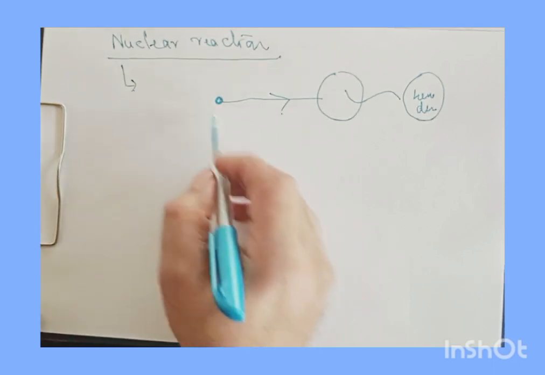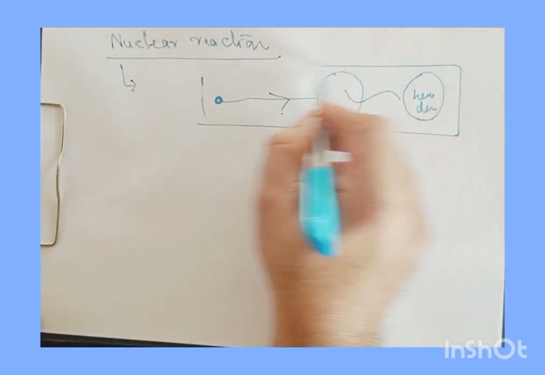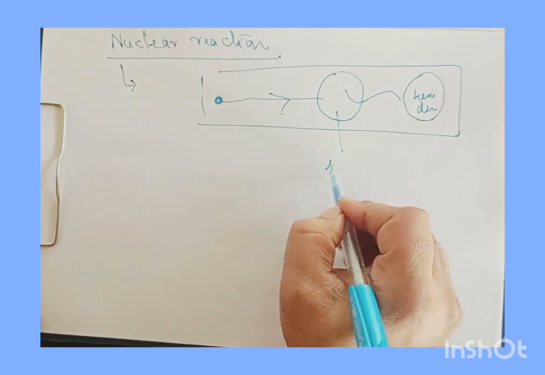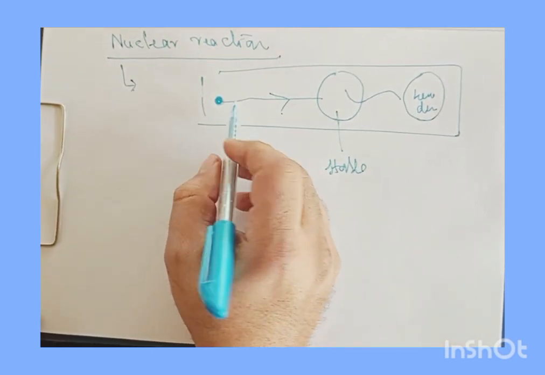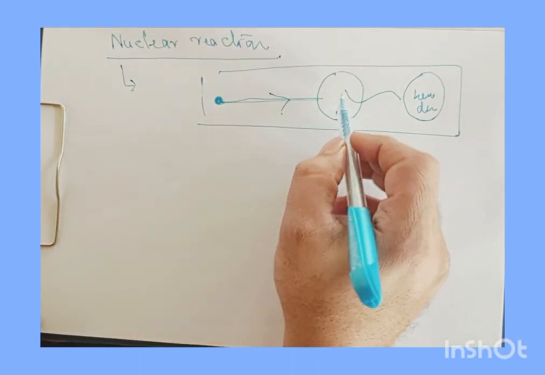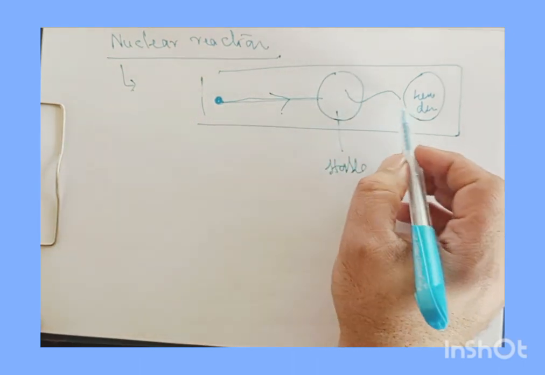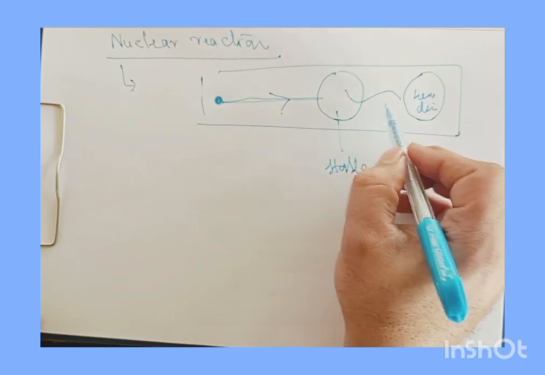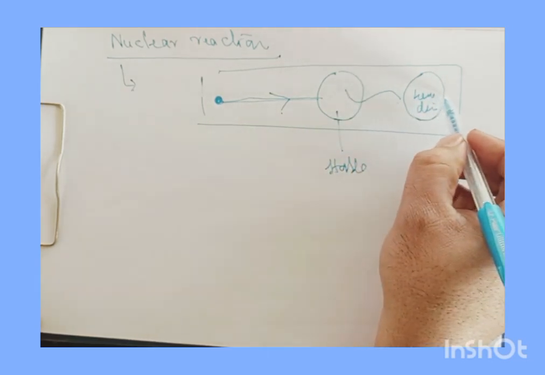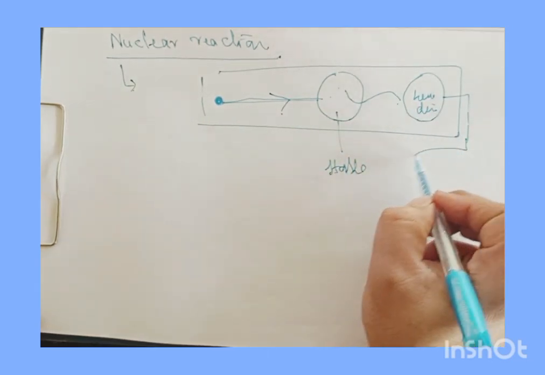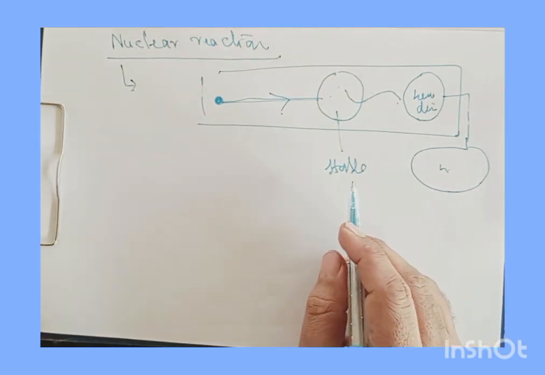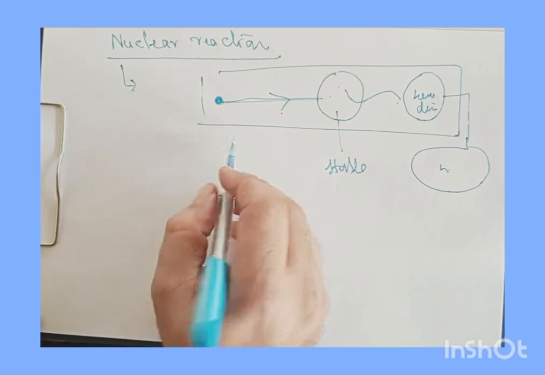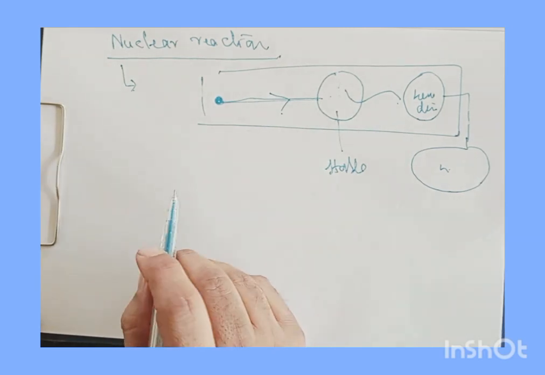And this kind of thing, that you have a stable nucleus and you bombard it with some particle that goes inside, causes disturbance, and this stable nucleus becomes unstable, and you are able to develop a new nucleus with additional particles associated with it. Now this kind of thing is called as nuclear reaction.